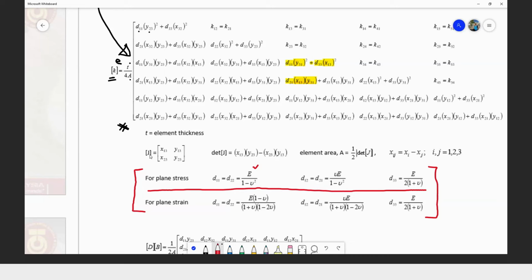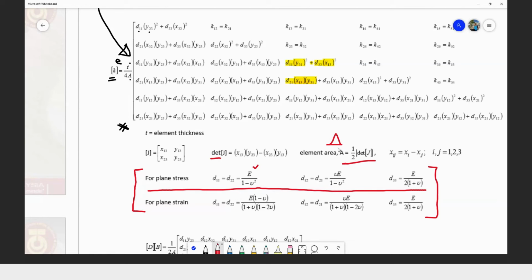We use the determinant of J in obtaining the area of the triangles, and also in the strain displacement matrix, but that is already included in this big matrix here. For A, we need to solve the determinant of the J matrix and divide it by 2 to obtain the area of the CST triangle.